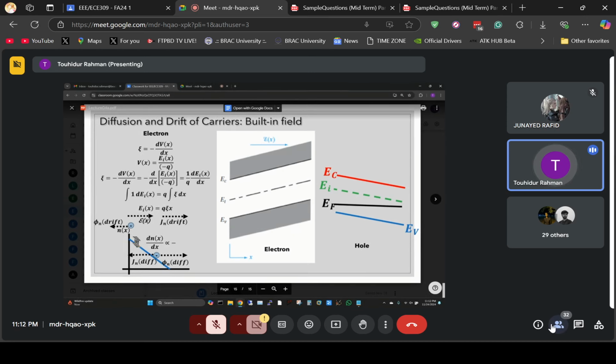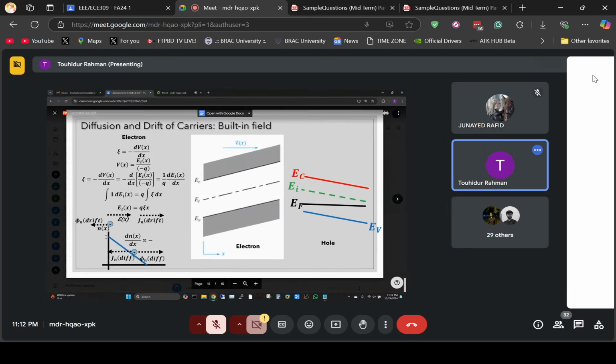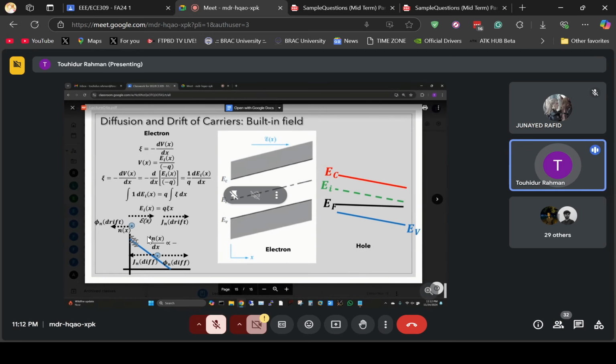So this is our carrier distribution for electrons. We have high concentration on the left, low concentration on the right. We understand the particle diffusion will be from left to right, and the corresponding diffusion current will be from right to left, because electron current is opposite to electron flow.